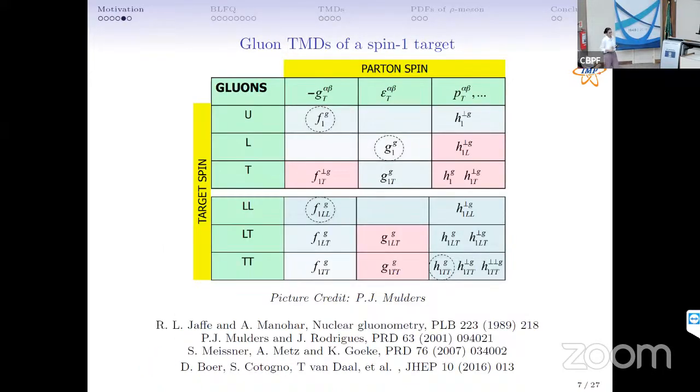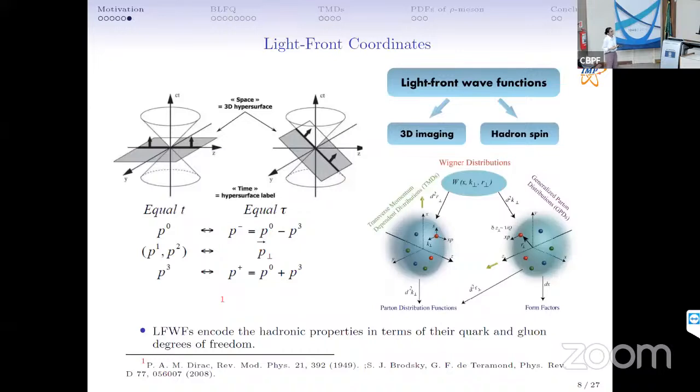Then we have gluon TMDs. There are a total of 13 T even gluon TMDs, but we have not studied all of them yet. We have only studied f1, g1, f1LL, and h1TT. Now we know all the distributions, and we need the framework to study them.